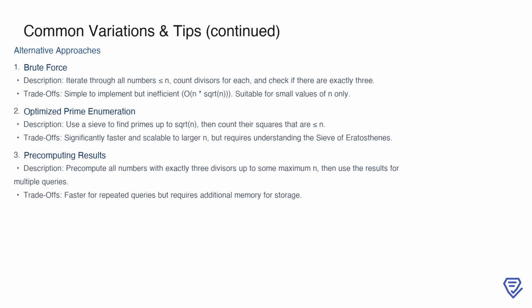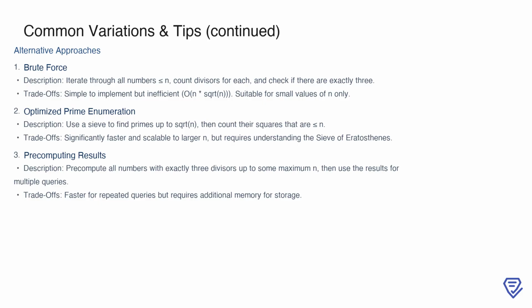Finally, let's consider some alternative approaches to the problem. A brute force solution involves iterating through all numbers up to n, counting their divisors, and checking if exactly 3 exist. While simple to implement, this approach is inefficient with a complexity of O(n * sqrt(n)), making it suitable only for small values of n. A more optimized approach is to use a sieve to find all primes up to the square root of n and then count their squares that are less than or equal to n.